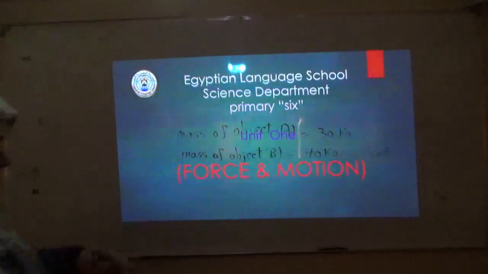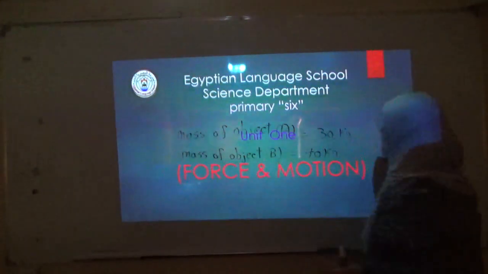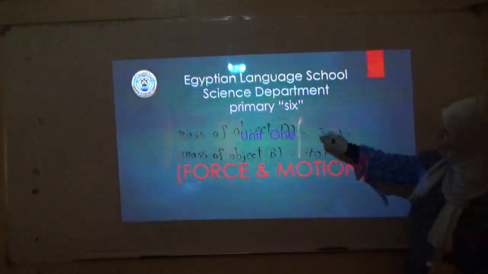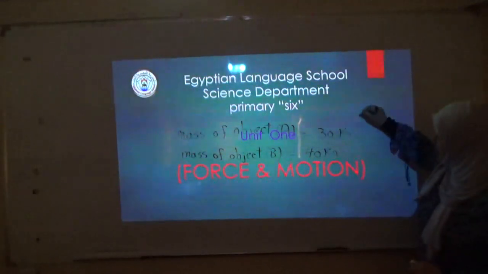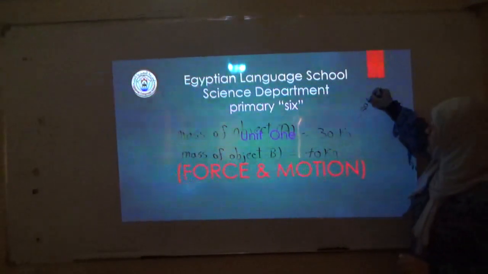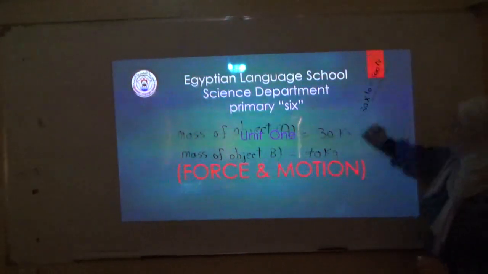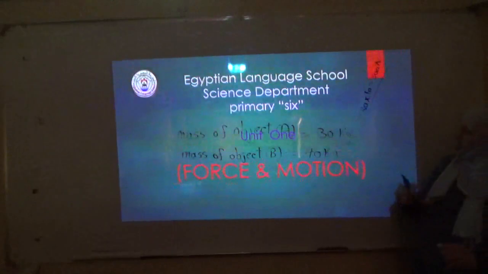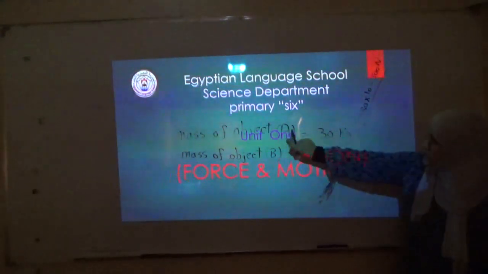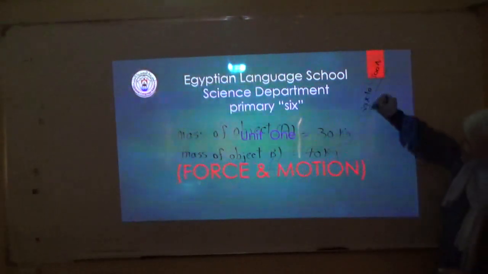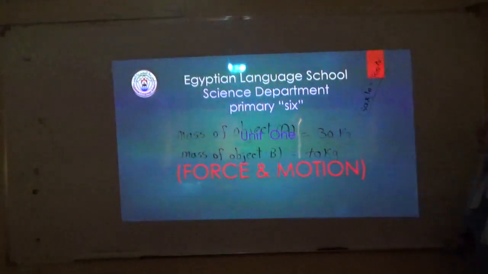For object A, I mentioned that the mass is 30 kilograms. It will be 30 multiplied by 10, it will be 300 Newton, according to the rule: the weight for object A will be mass multiplied by 10. It will be 300 Newton.